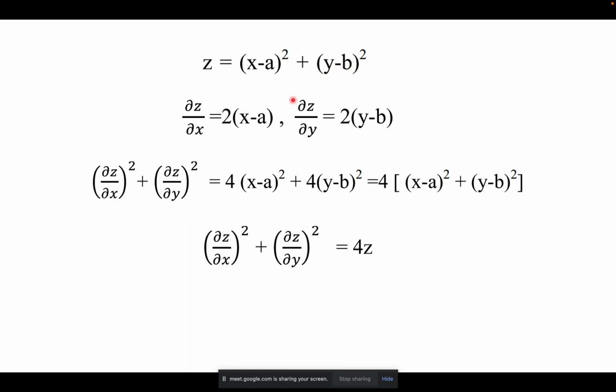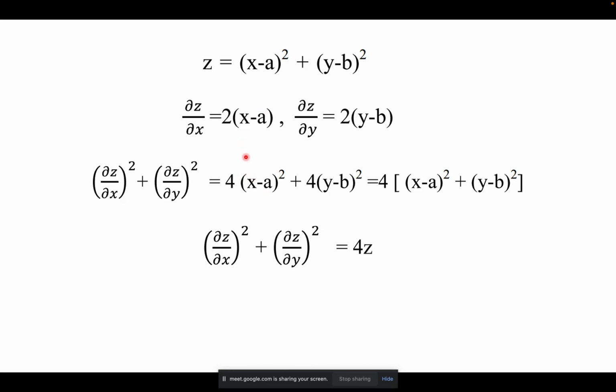So simply you can square these terms. If you square them, del z by del x whole square is equal to 4 times x minus a whole square, and then you can substitute the value of x minus a whole square in this, and that will give you the final partial differential equation.